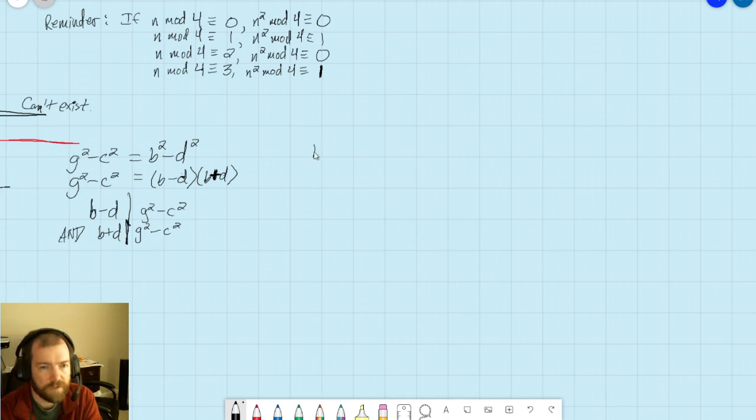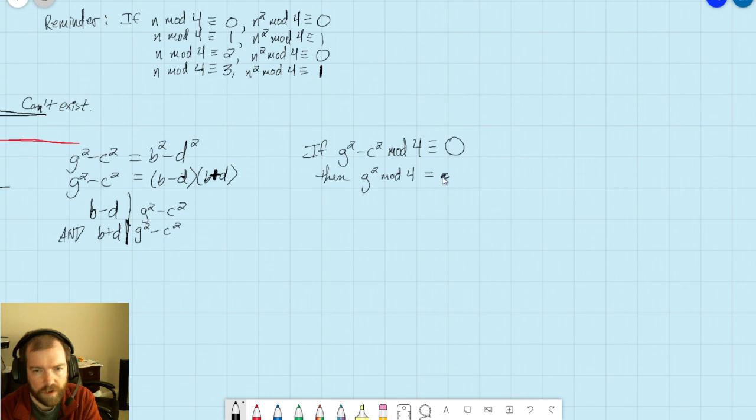So she said if g squared minus c squared mod 4 is equivalent to 0, then g squared mod 4 is going to be equal to c squared mod 4.